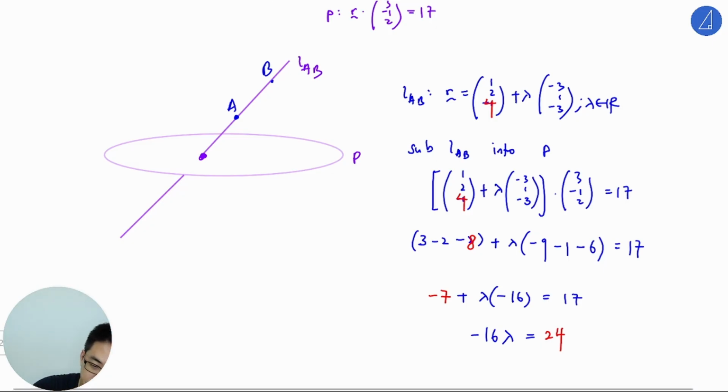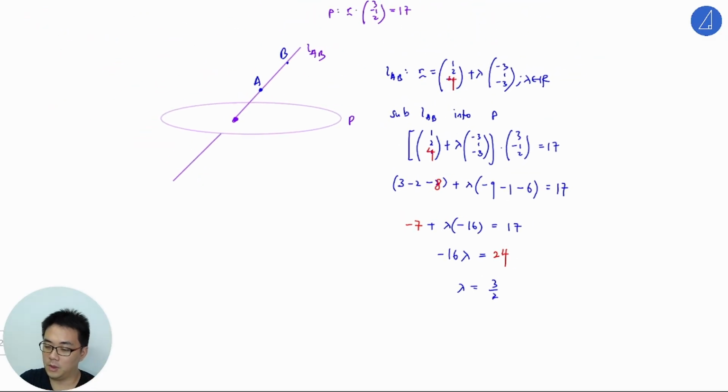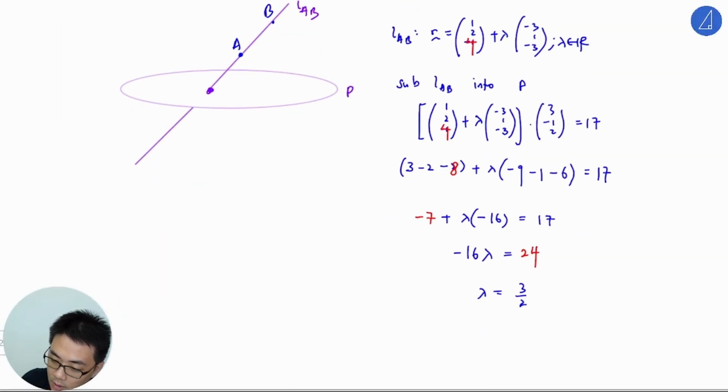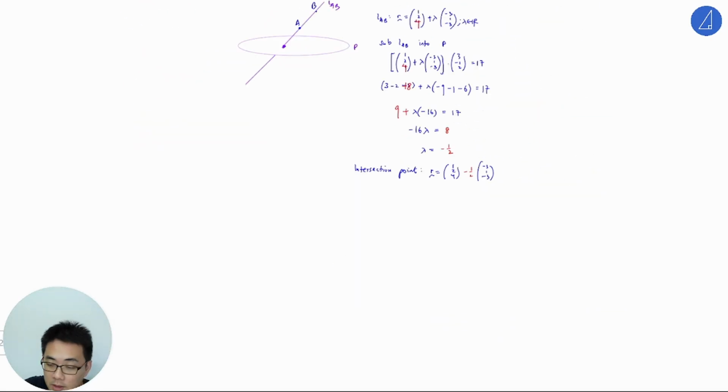So lambda is equals to 3/2. Okay. That's it. So once 3/2, so intersection point. Okay, just now I wrote wrongly.